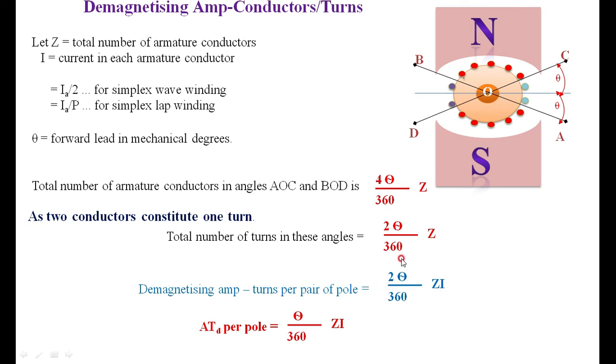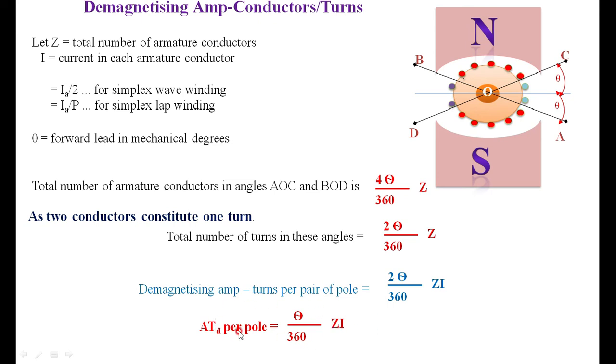For this I am dividing by 2, so that what I am getting is theta divided by 360 into Zi, the demagnetizing ampere turns per pole, which is opposing the main flux for each pole. For each pole, this much ATD is produced, so that it is reducing the main flux.